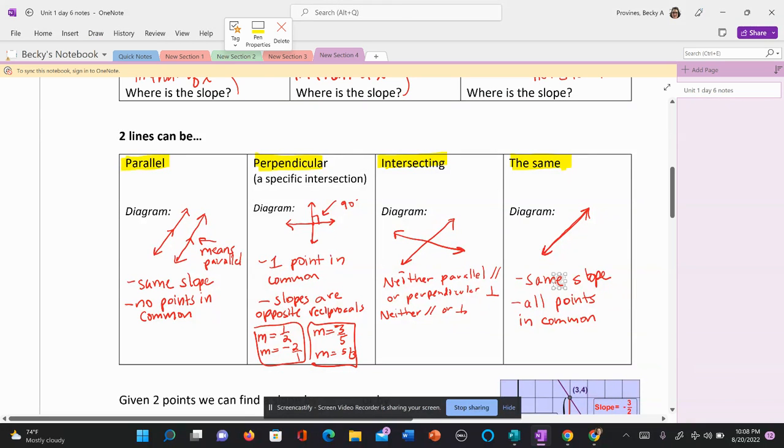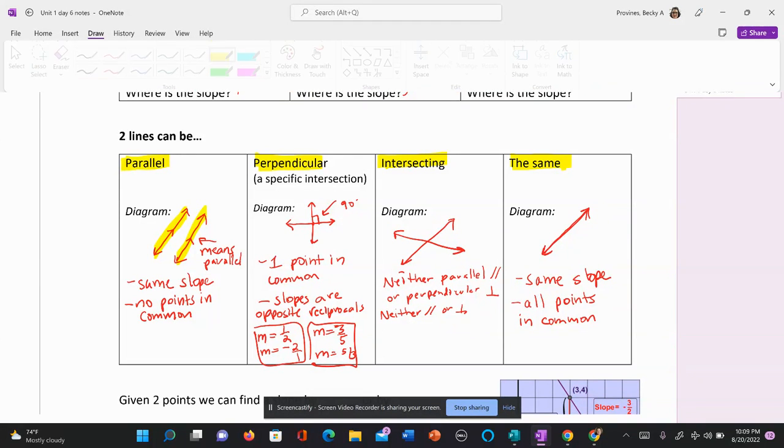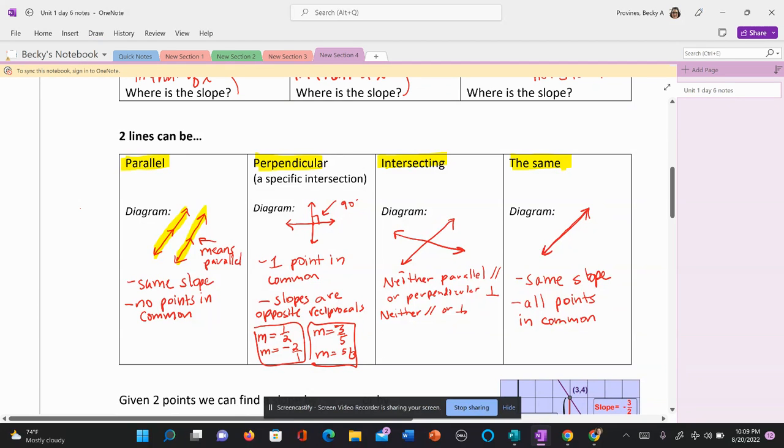Moving on, two lines can be parallel. Whenever you draw, especially in geometry, you don't have to be perfect. So when I drew these two lines here, they don't look exactly parallel. But these little markings in the middle tell whoever looks at the diagram that they're parallel. So make sure this is the marking you use whenever you're drawing parallel lines.